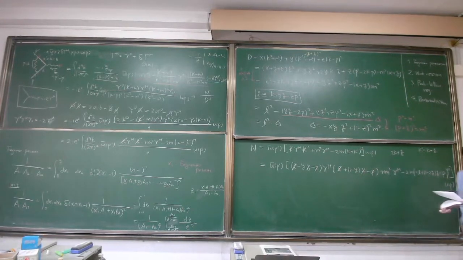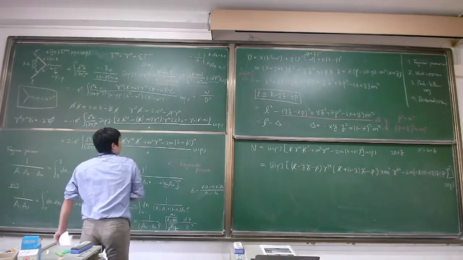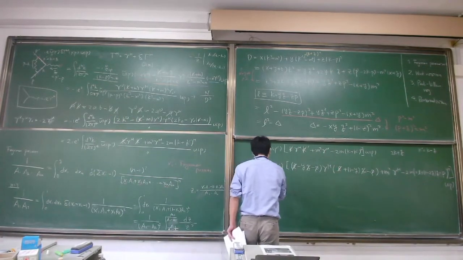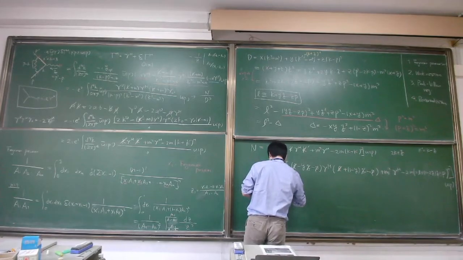And now we notice the following. So now the dk integral becomes a dL integral, d to the 4 L over 2 pi to the fourth, and the denominator is D to the cube.